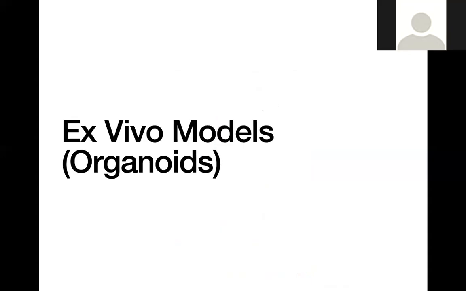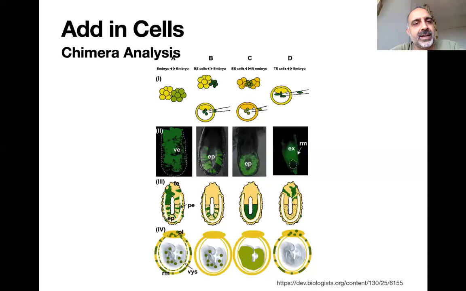So ex vivo models. What the mouse experiment tells us is that mice are incredibly powerful, but lots of bits of development, particularly of the mouse, are hidden. The mouse develops in the mother, so understanding the morphogenetic processes or the cell rearrangements that happen during the formation of mammalian organs is really difficult.